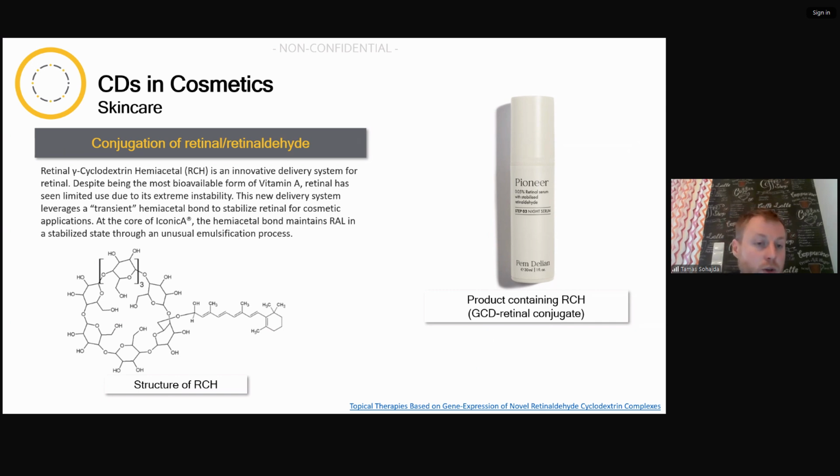You can also use cyclodextrins to conjugate them and have a prodrug-like effect, because you can use the cyclodextrin here as a vehicle, and then the cleavage of the active ingredient would ensure the slower release in this case, whereas the conjugate itself, due to the cyclodextrin, would inherently have a higher stability and solubility.